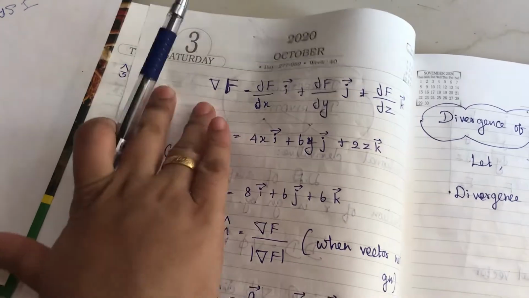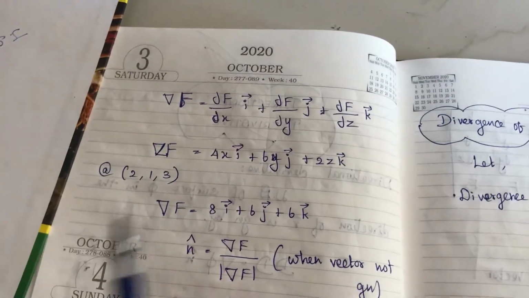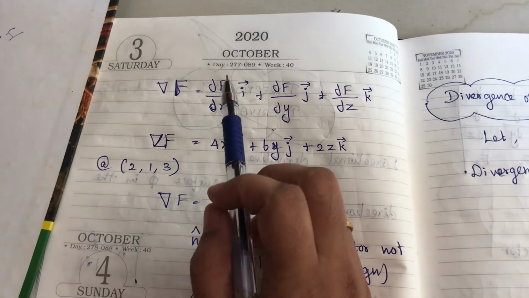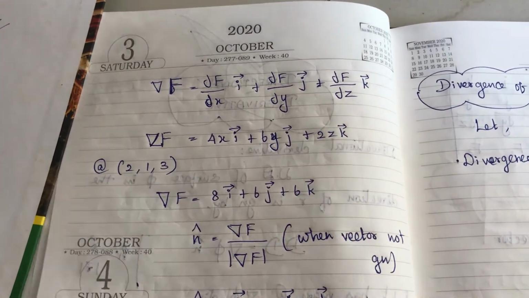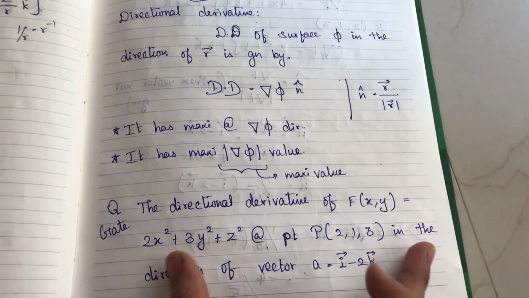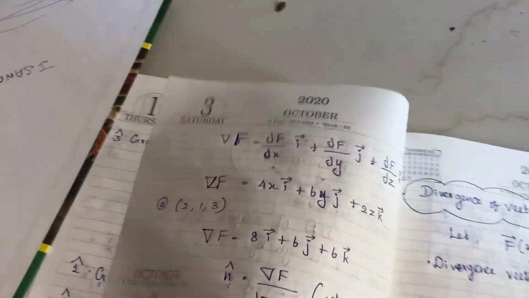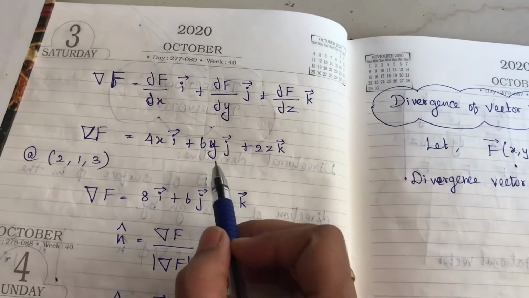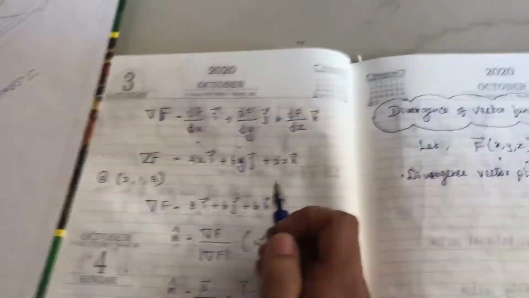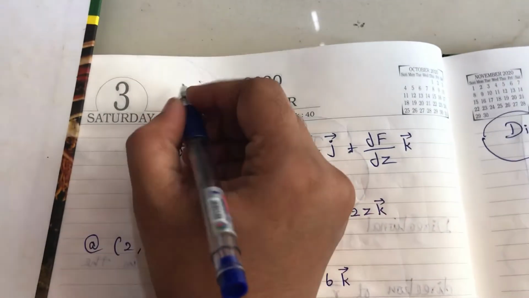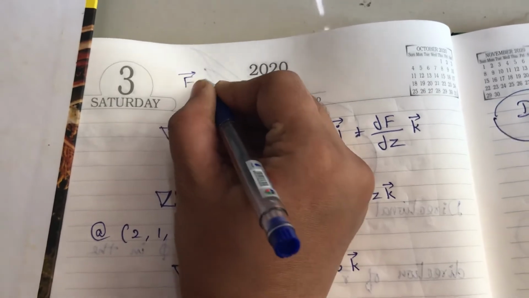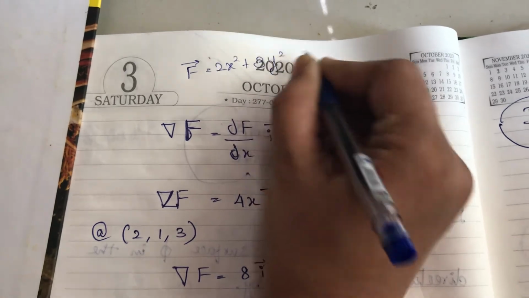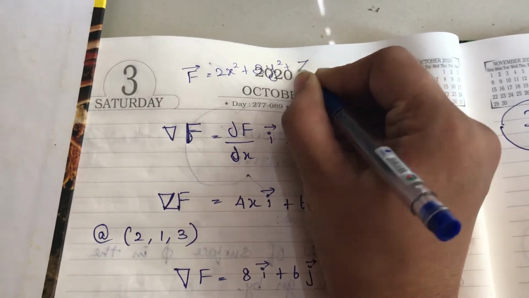First, I need del f, right? Because they have given the function f. What is the function of f? It is 2x square plus 3y square plus z square.